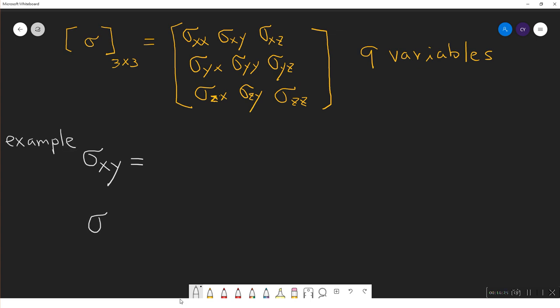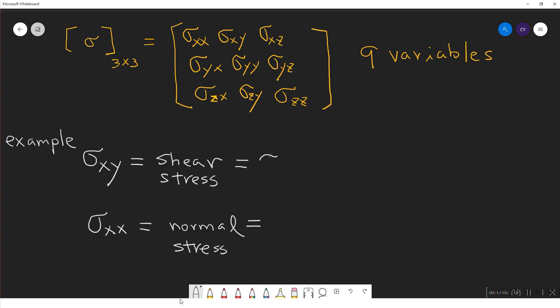And about sigma x, sometimes this is a shear, and we call it a normal stress. And we also have a shear stress. So shear stress, we also write down like this. And normal stress, we always neglect one subscript. This is just an example.